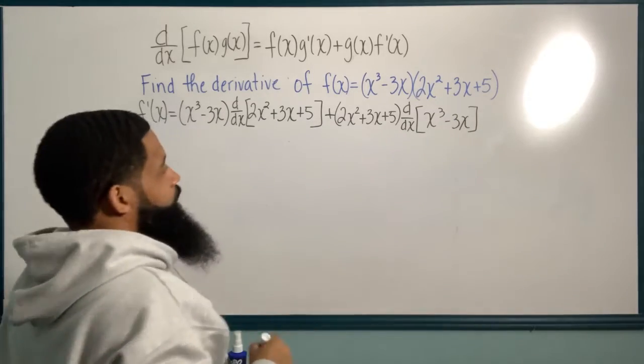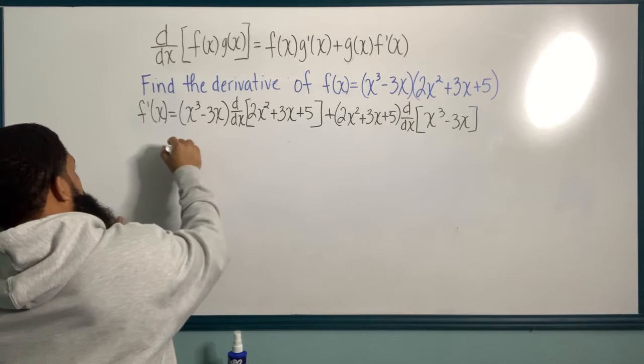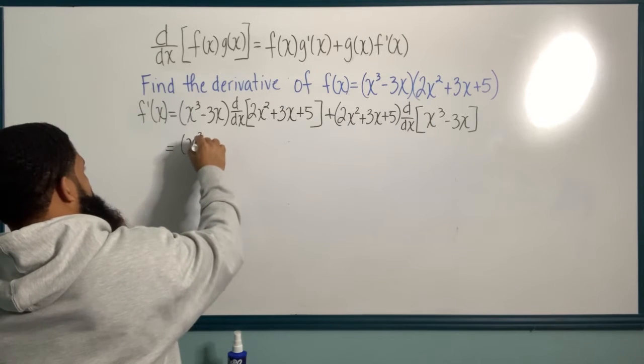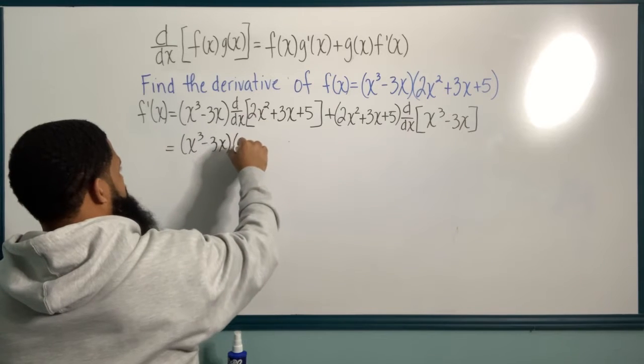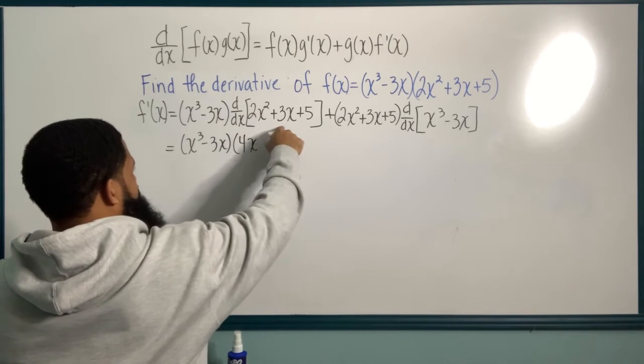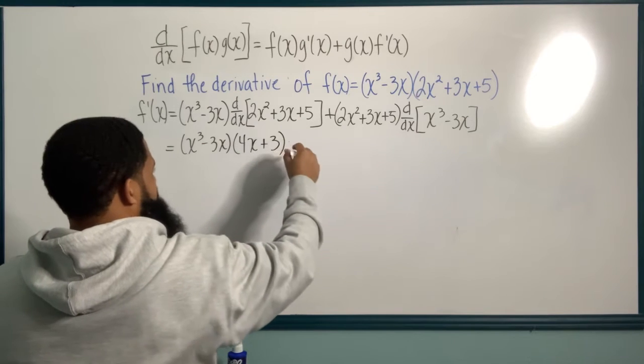All right, now let's take some derivatives. So here we're going to keep the x cubed minus 3x the same. The derivative of 2x squared is going to be 4x. The derivative of 3x is just 3, and the derivative of 5 is 0.